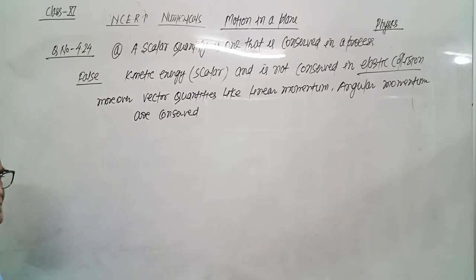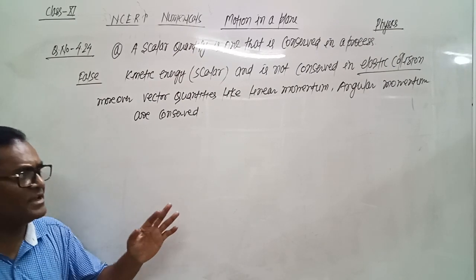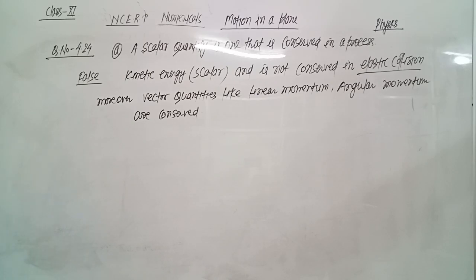So this statement is false, because there are a few scalar quantities which are not conserved, like kinetic energy, a scalar quantity which is not conserved in elastic collision. But moreover, there are various vector quantities like linear momentum and angular momentum, which are conserved. So this statement is false.